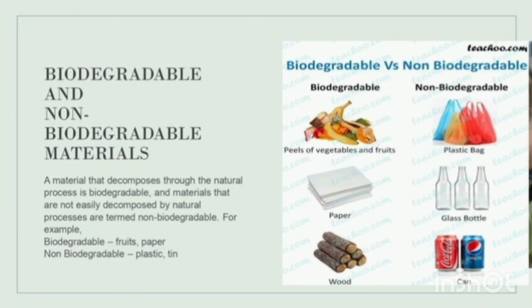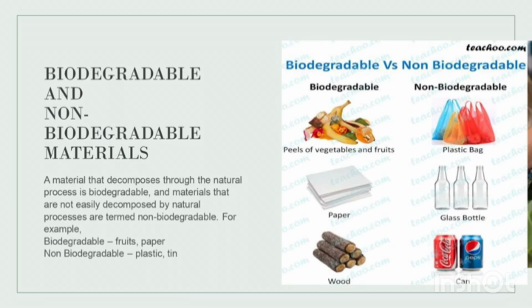A few examples are paper, food waste, human waste, manure, sewage sludge, hospital wastes, dead animals and plants. So these are all biodegradable materials. Non-biodegradable materials are materials that are not easily decomposed by natural processes. For example, plastic, tin. So these are examples of non-biodegradable materials.